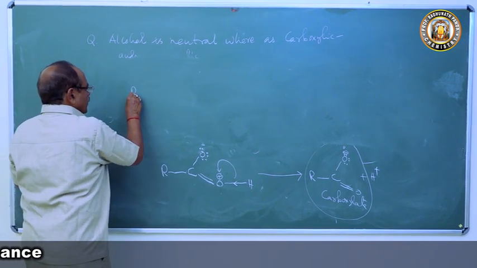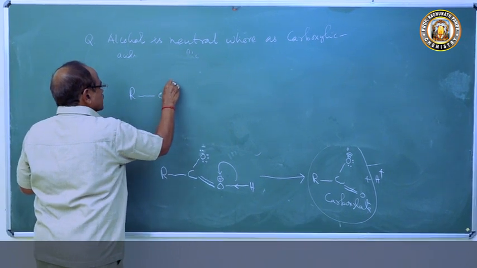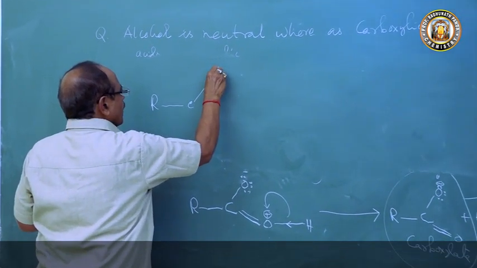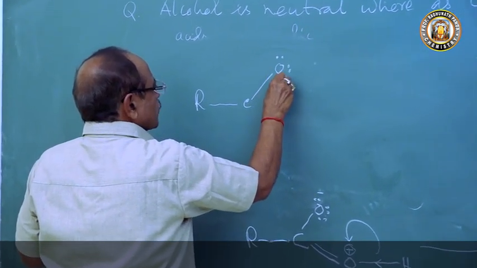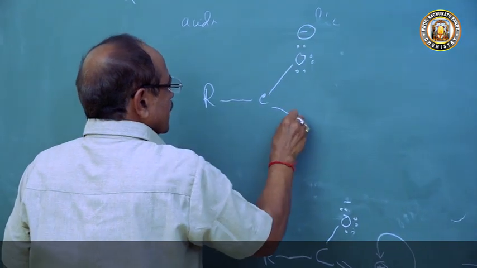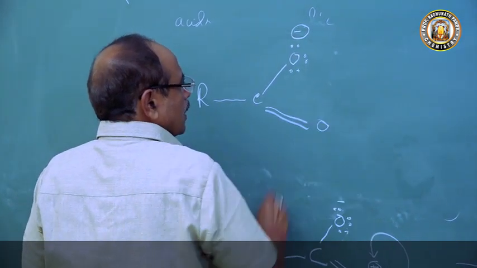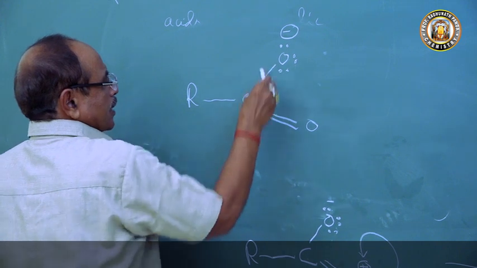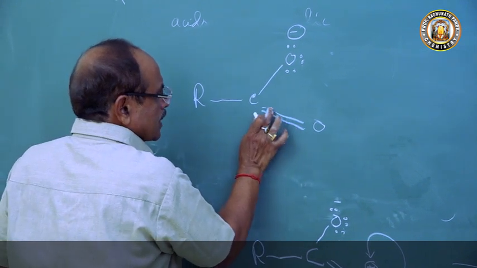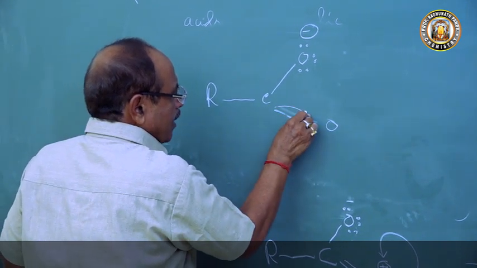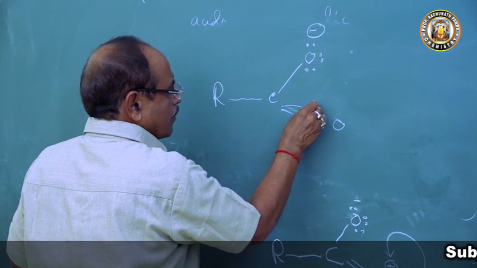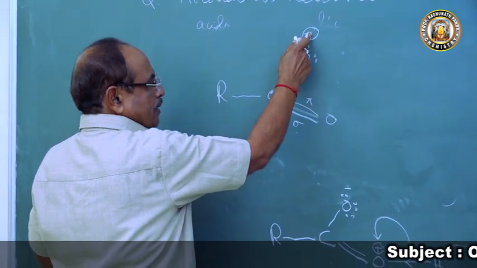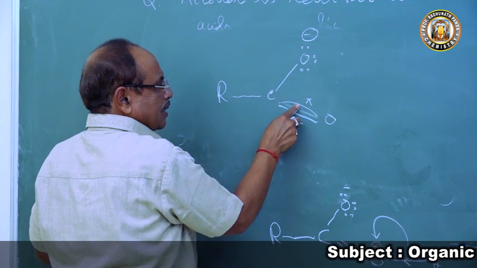Now if we come to the carboxylate ion, RCOO minus, this we got, and this is the carboxylate ion. Now this bond is a sigma bond and this bond is a pi bond. So here is a negative charge, a lone pair of electrons, and the pi bond.